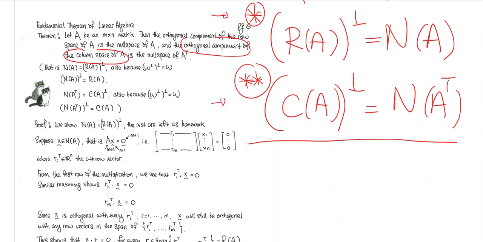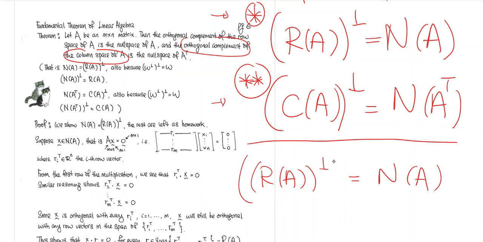So for example, let's look at the orthogonal complement of the row space of A. It is equal to the null space of A. Now if you apply the orthogonal complement to this, then the orthogonal complement of the orthogonal complement of the row space of A is just the row space of A. That is the same as equation star.